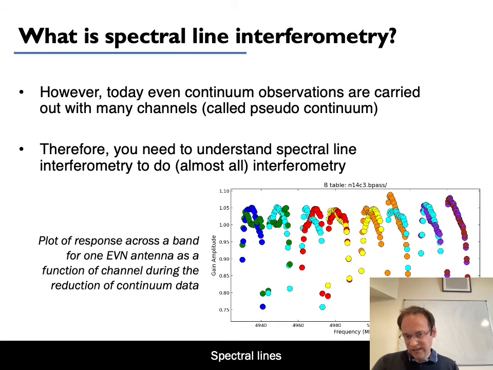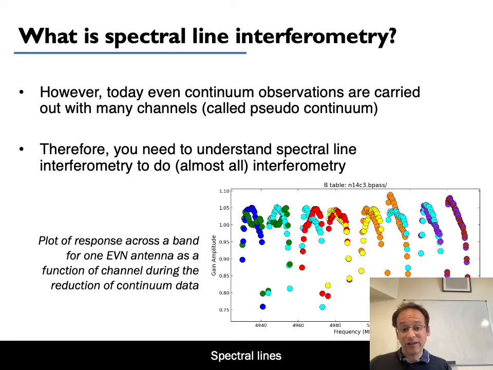However, even though I said that the key difference is that with spectral line interferometry we care about how the signal changes with frequency, and with continuum we care less so, actually, with new wideband correlators, we do tend to care a bit about the response of the telescope as a function of frequency. And in fact, you do need to worry about separating the response of the telescope as a function of frequency from the actual astrophysical signal as a function of frequency for continuum observations as well.